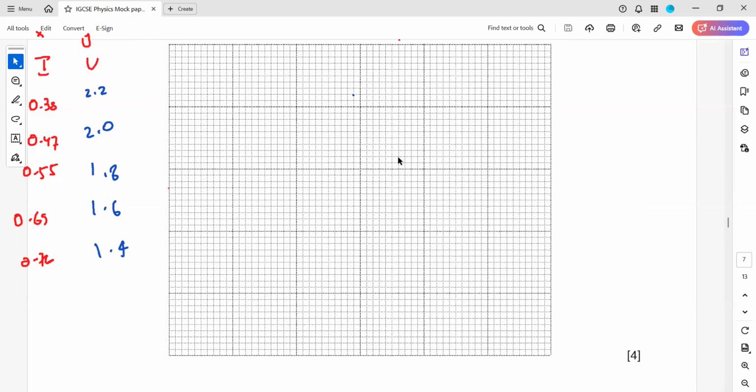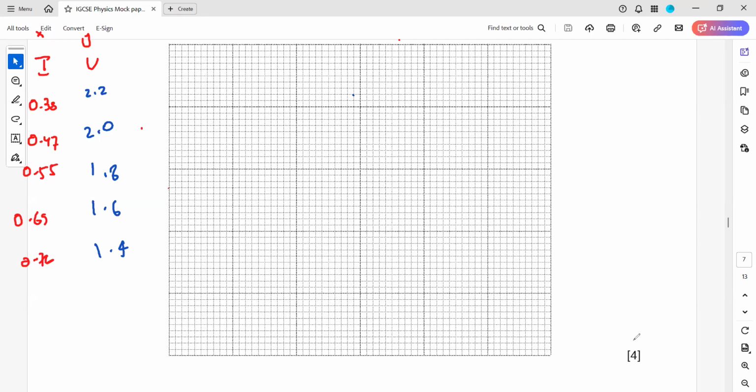Okay. So this gives you an idea. So before you plot a graph or label the axis, you can turn the page and check the next part. Because they ask for a gradient, definitely there should be a straight line graph.